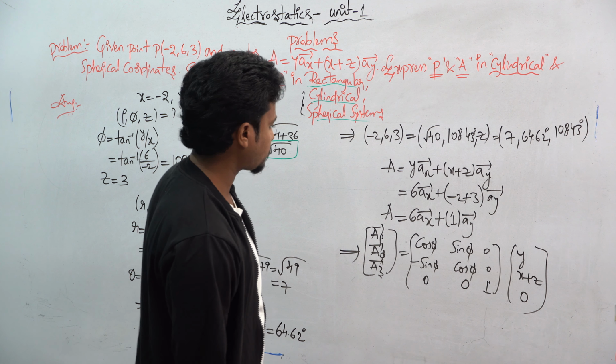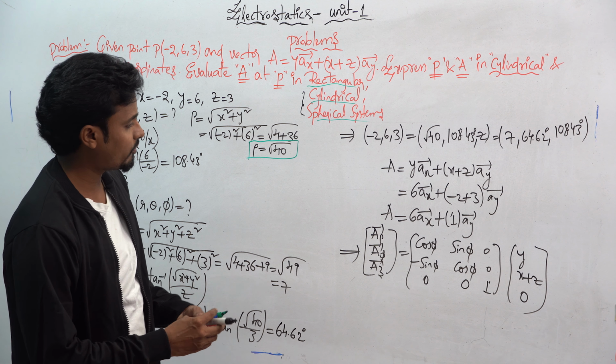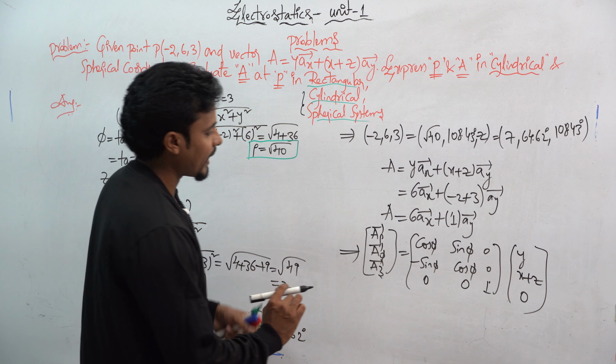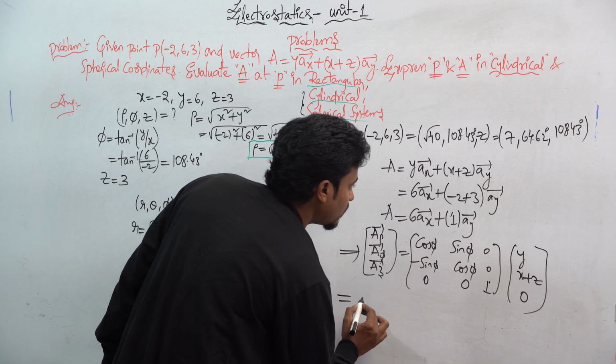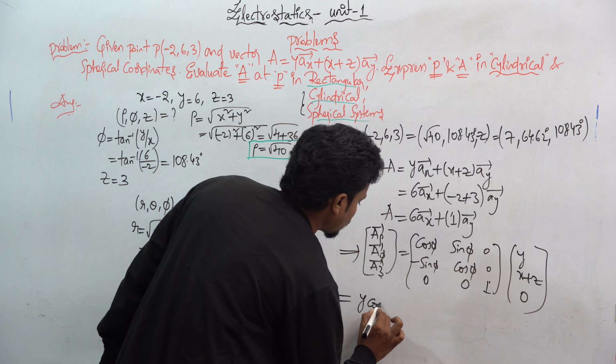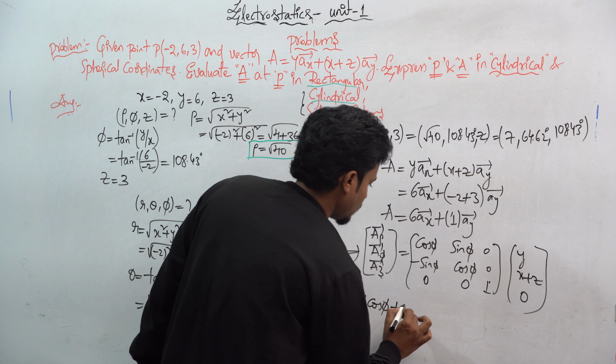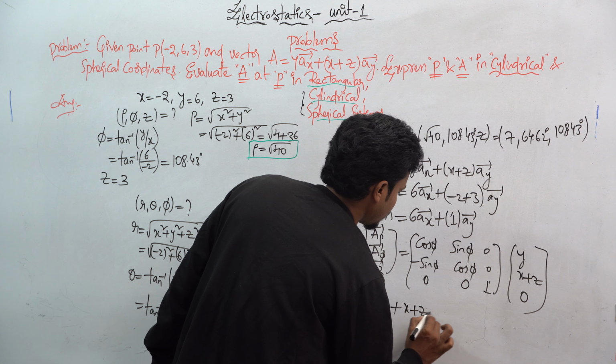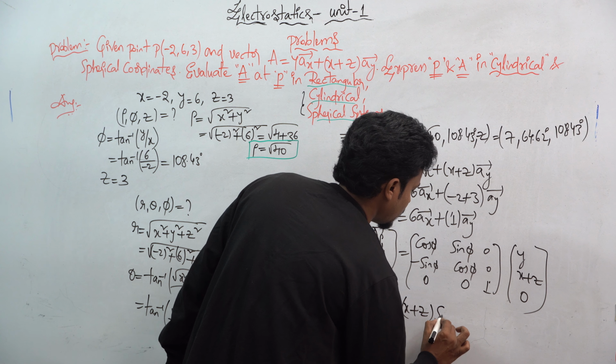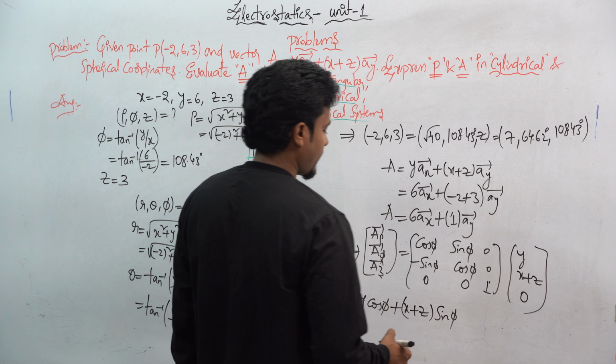Okay, next what you have to do? You have to multiply. This will become y into cos phi plus (x plus z) into sin phi.